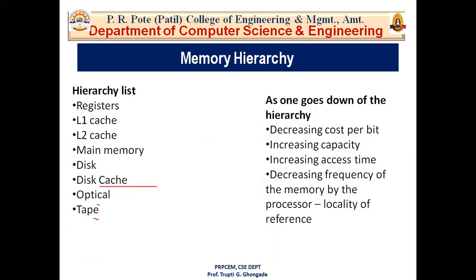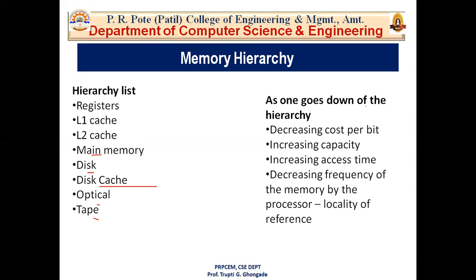As we go from top to bottom of the hierarchy, the cost per bit decreases. Actually, cost per bit is not the cost of the memory device; it is the cost of the bits stored in the registers, main memory, or cache memory.